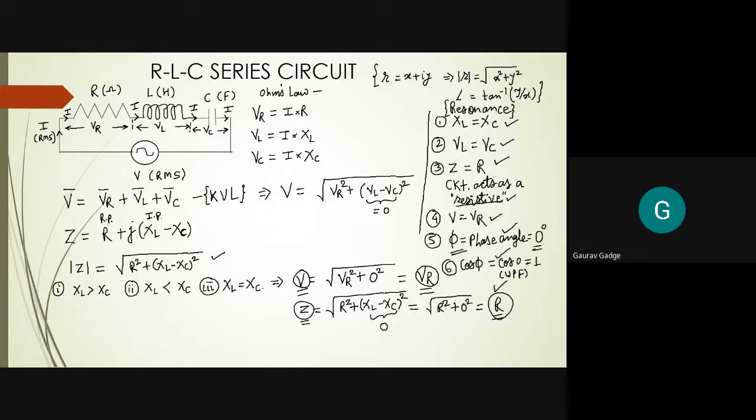Yes, Mayank, correct. It is 1. Under resonance condition or for pure resistive circuit as phi equal to 0, cos phi is equal to cos 0 and cos 0 is equal to 1. It means it is unity.